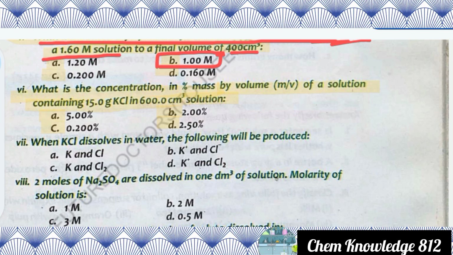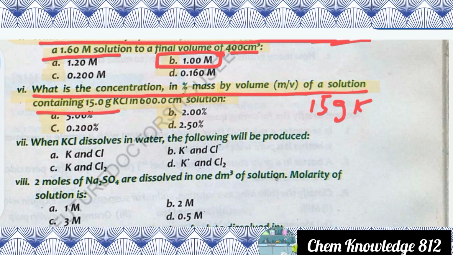Now we are going to determine the percent mass by volume of the solution containing 15 gram of KCl, which will be divided by 600 cubic centimeter, because we know that percent is the amount of gram in 100 ml solution.